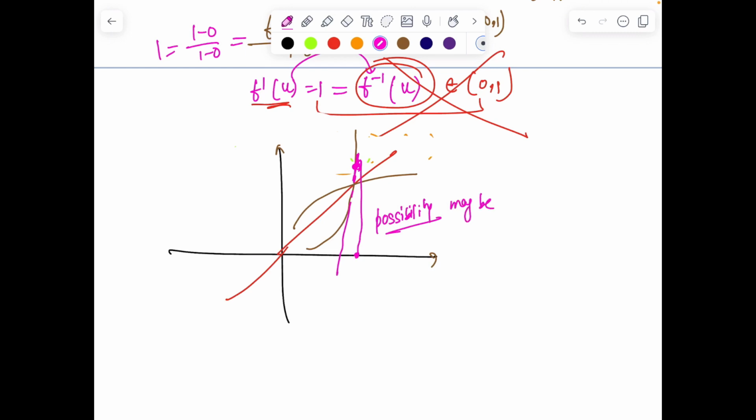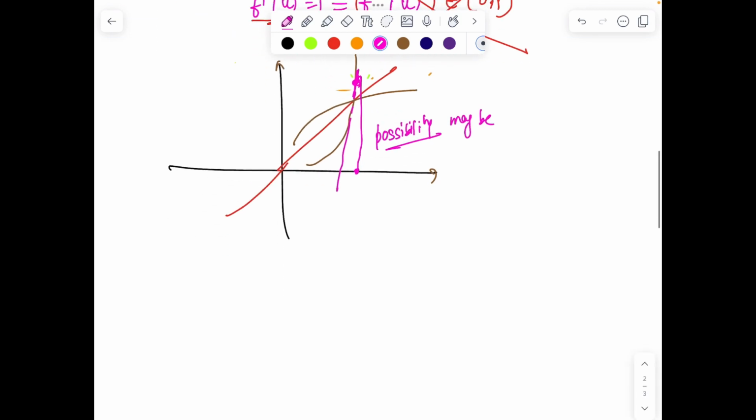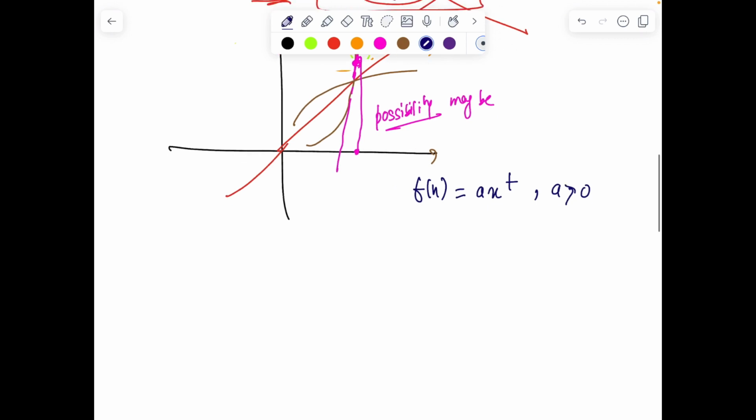So one way to try is to look for a function having a particular property, and a good step will be to hit some common function. Let's say I start with f of x equals a x to the power t for some positive a, and t as in part one. Then f inverse x is not very difficult to find here.